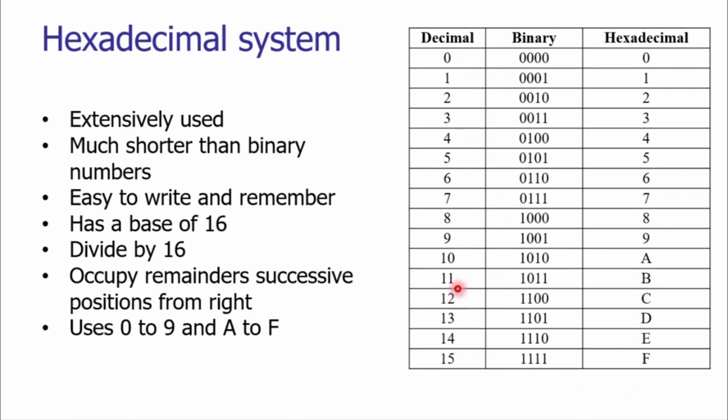So why we have taken only 15 decimal numbers over here? These 15 decimal numbers may be the remainders during the division process. Division of what? So we are dividing the decimal number with the hexadecimal number, that is 16.